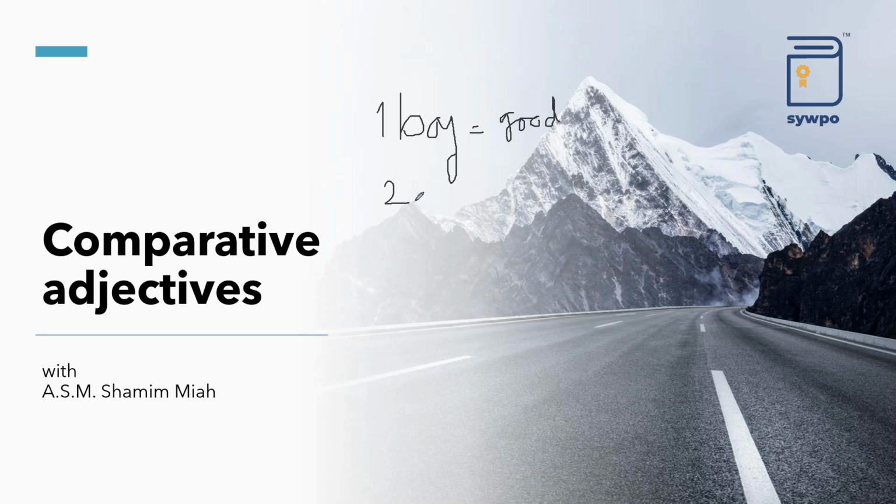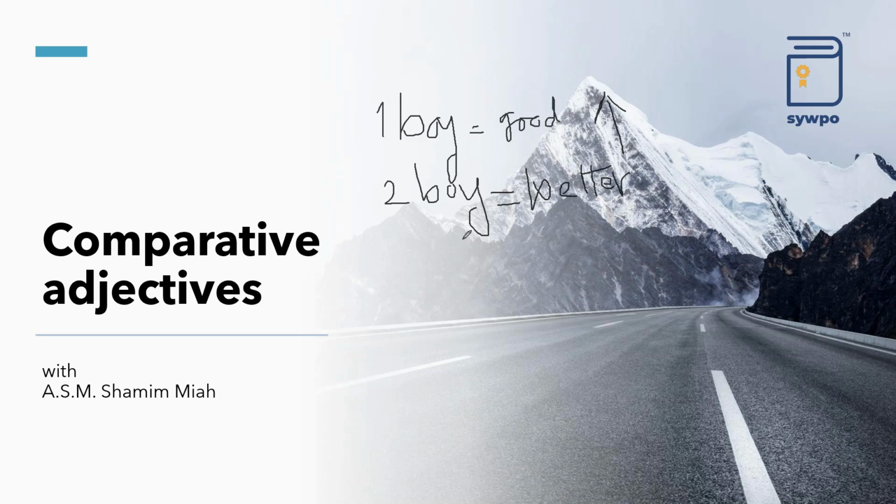If I say boy number two is good, that means they are equal. That means they are same. But I don't think everybody is same. Everybody can't be same. We are all different. We are unique. So boy number one is good. Boy number two is better. So this is actually more than the first one.